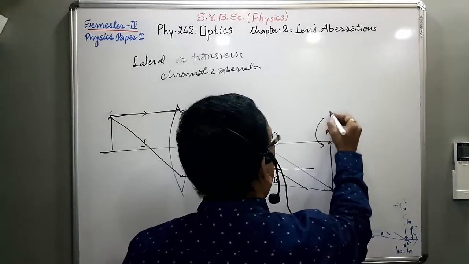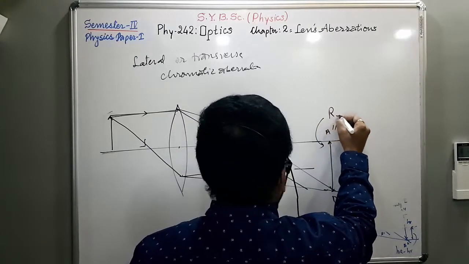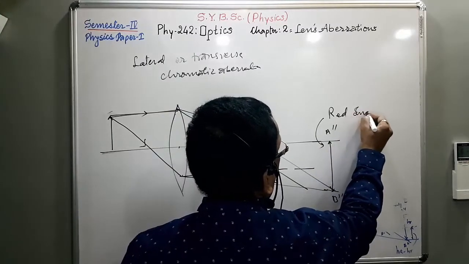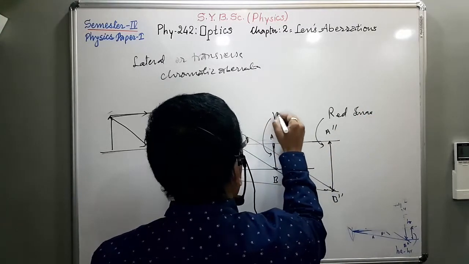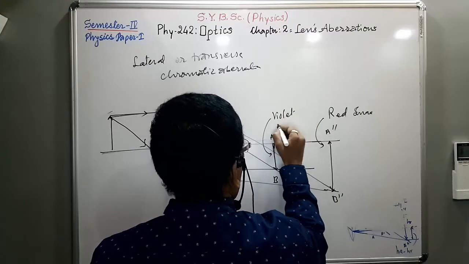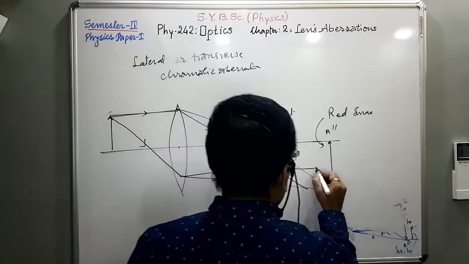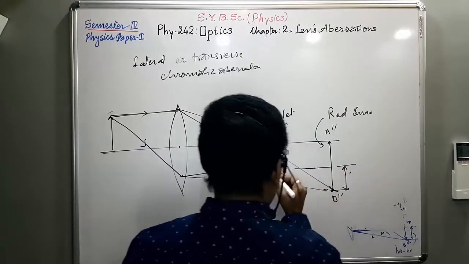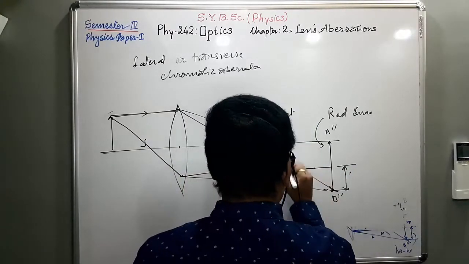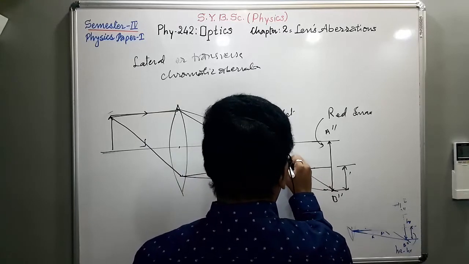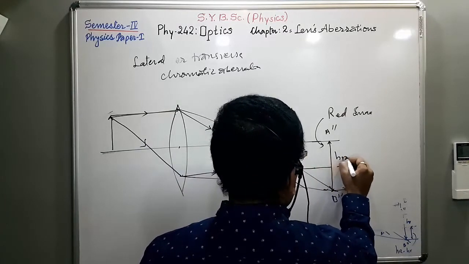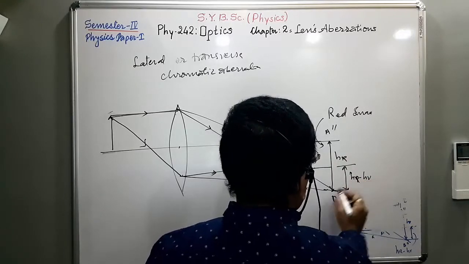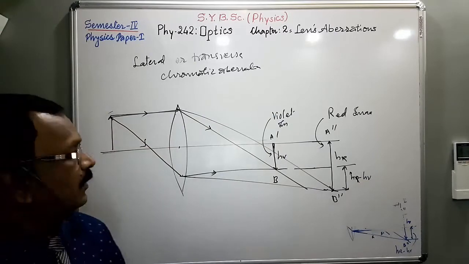That means this is the image that is due to red color, red image, and this image is due to violet color, so it is the violet image. Okay. And this is the difference between. See here, this is the height for violet color, this is the height for red color. So HR minus HV gives the difference in height of images.